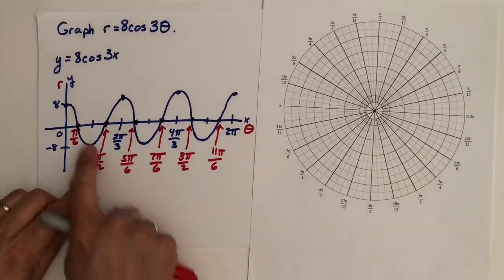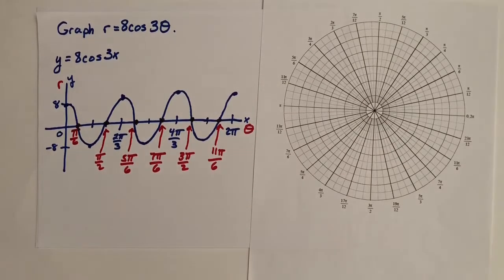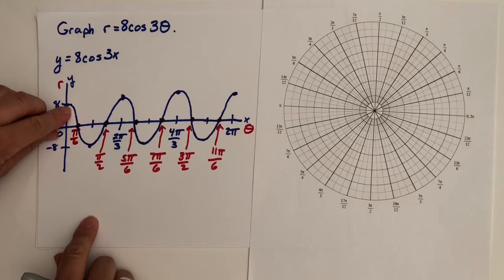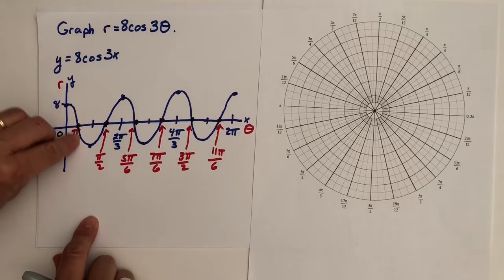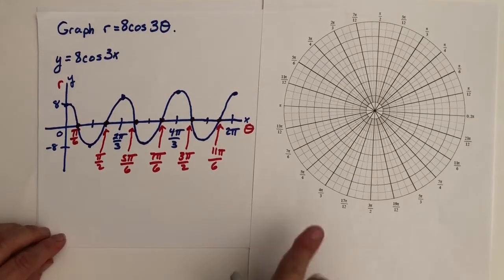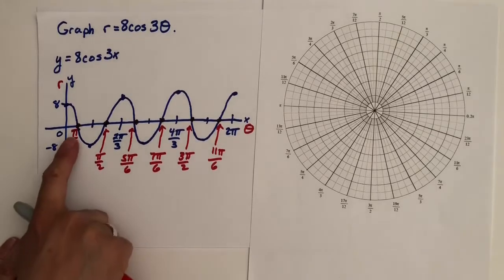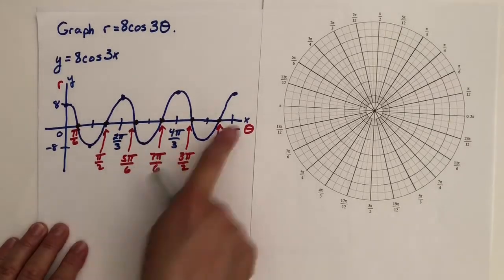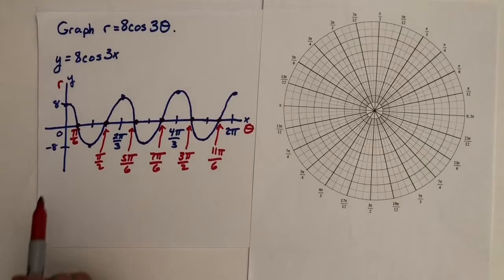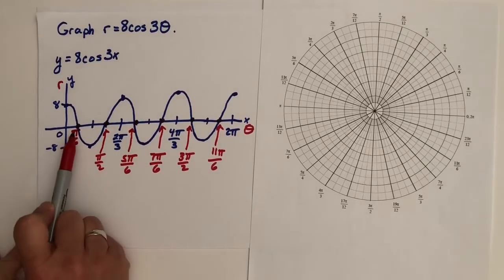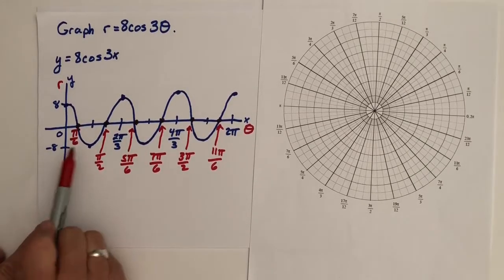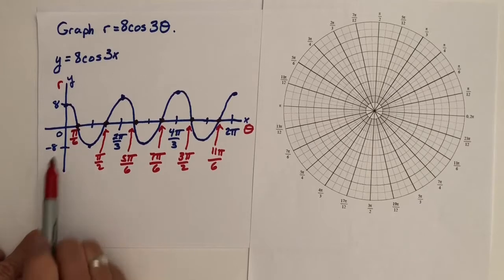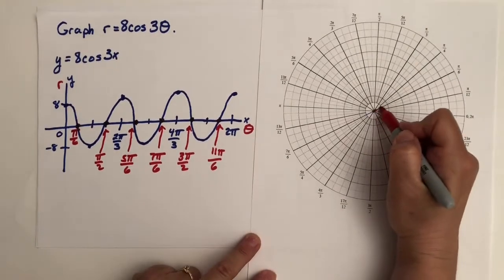So I just wanted these values because these represent places where the graph would go through the pole, just as the rectangular graph goes through the x-axis. Our rose curve will go through the pole at those values, so I'm going to put in the lines represented by pi over 6.